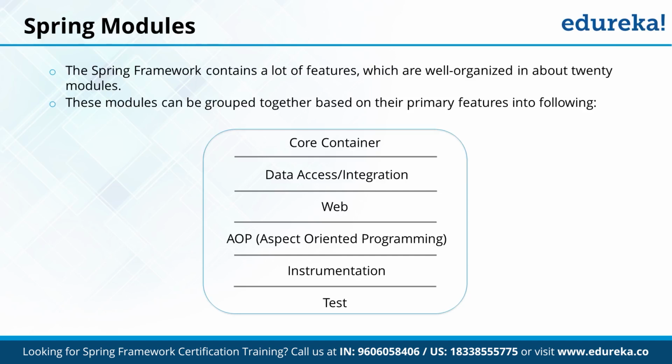So you can access the data sets, or you can have integrations with frameworks like Hibernate. Core container will be the one which has the basic functionality. Using the web layer or the web APIs, we can write the web MVC code. Then aspect oriented programming: the way we got object oriented programming, in a similar way we got aspect oriented programming.